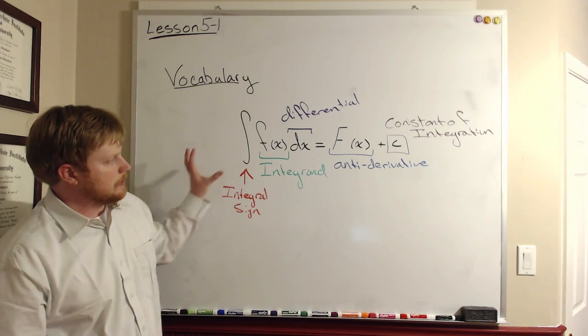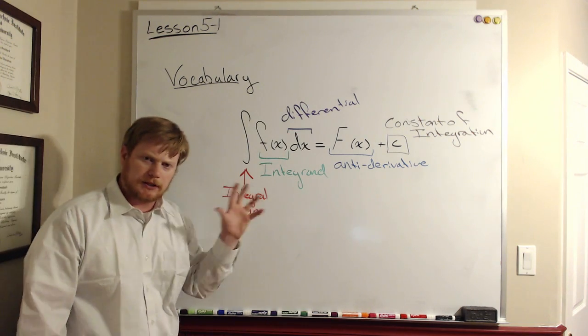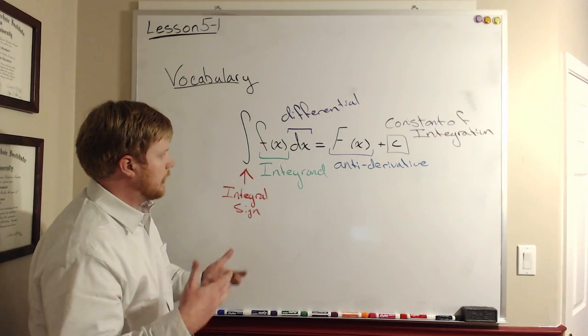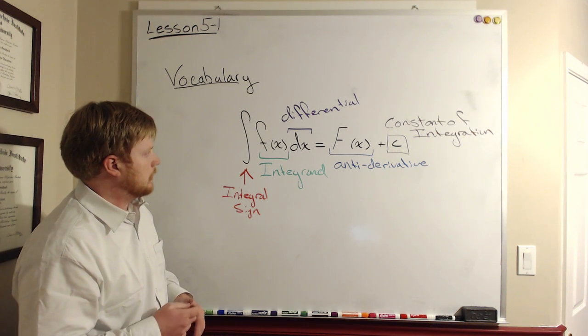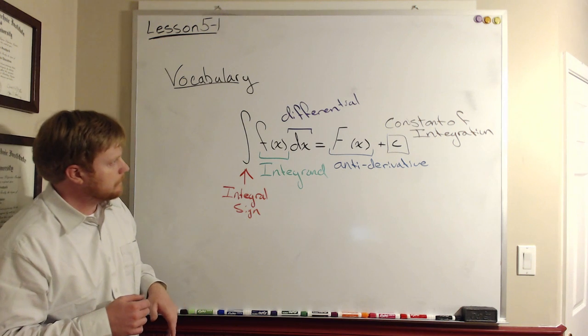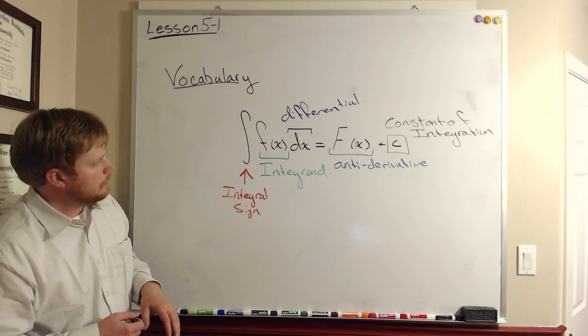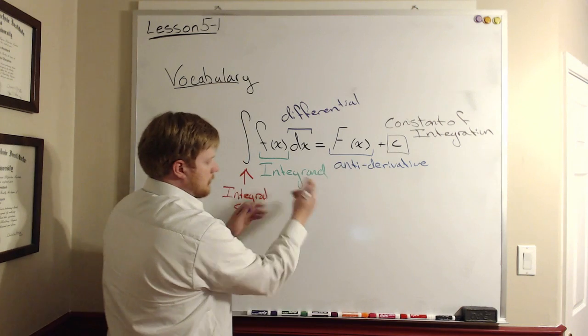So these are the vocabulary, the parts of the integral, the things that we're going to be dealing with today. As we're introduced to other aspects of integration, we'll go over that when we get to it. But this is what we need to know for today. I guess it would be good to see that.